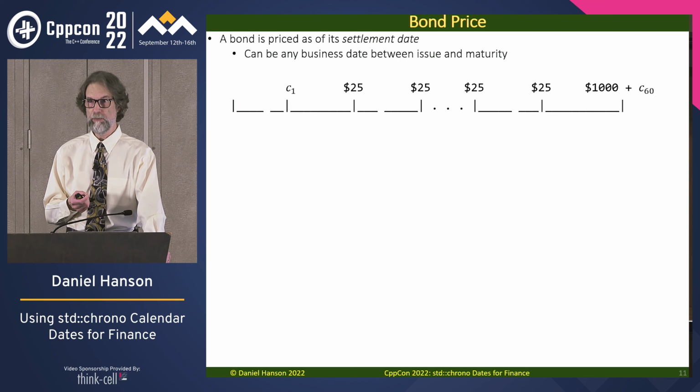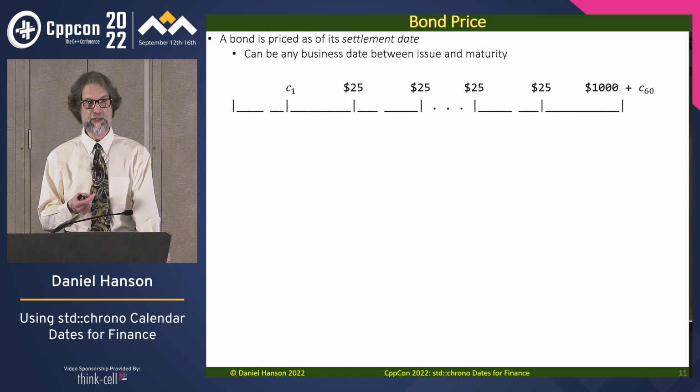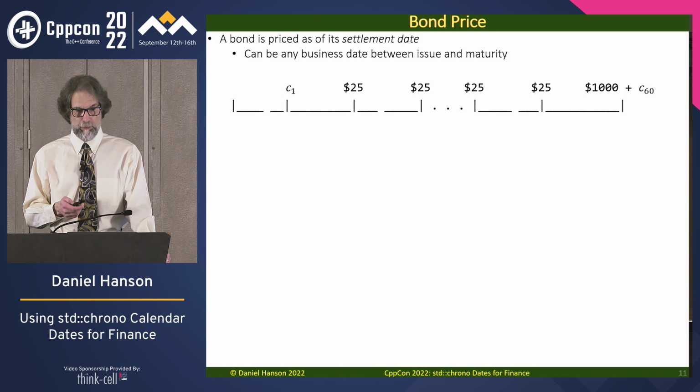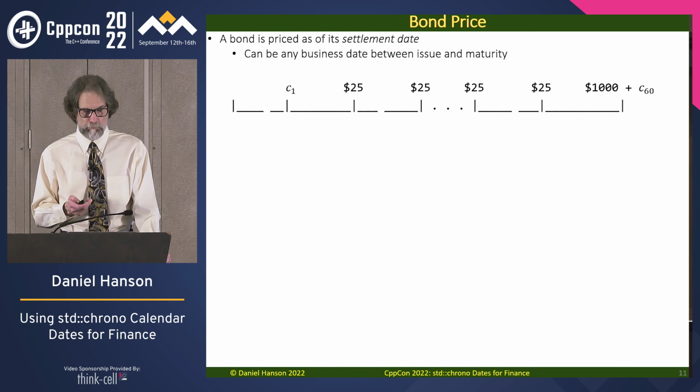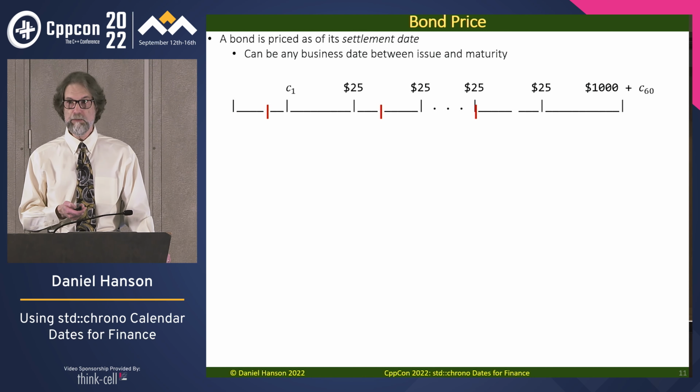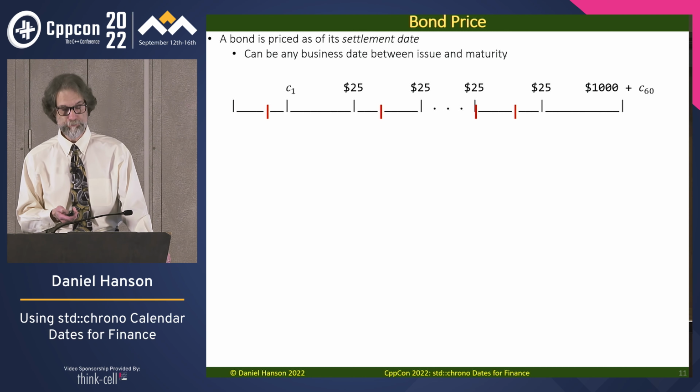It's going to be determined by the market interest rates on that day. So here we have a little schedule. Settlement could be, say, just before the first coupon date. Could be later on. It could fall on a coupon payment date or somewhere else.